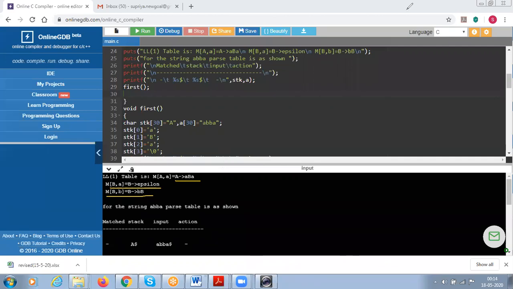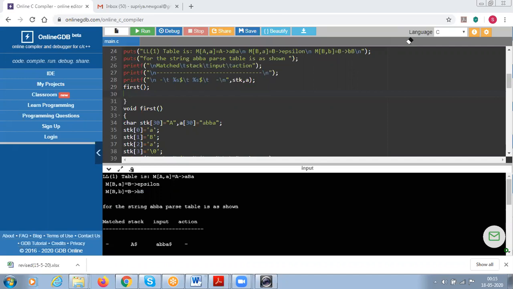The parse table is a very important part in the compilation process. If you parse correctly, that is, if the matched string, the stack, the input and the action part are all maintained well, then you arrive at a correctly parsed string.